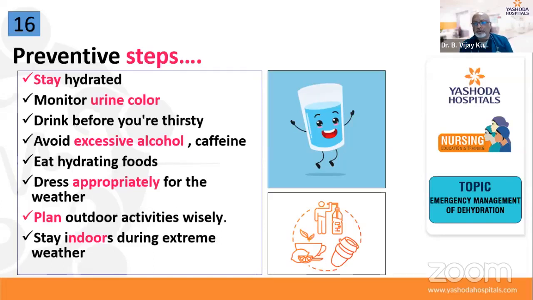Even if you have to go out, constantly sip water and probably sponge your skin with water. And wearing loose-fitting, light-colored clothes is very important to prevent dehydration. These are all common steps we should follow to prevent dehydration.